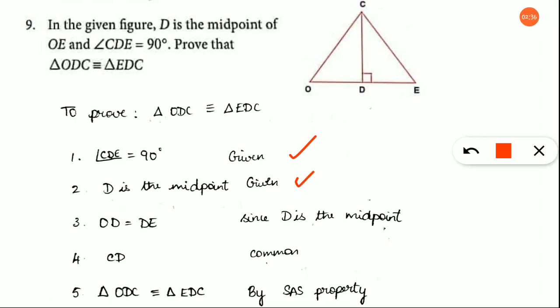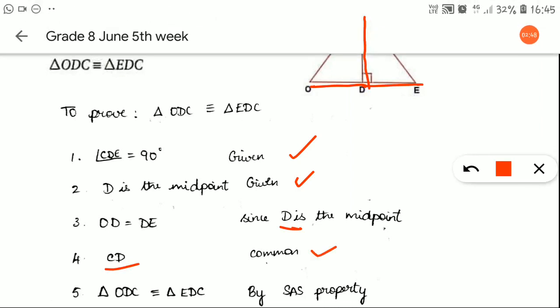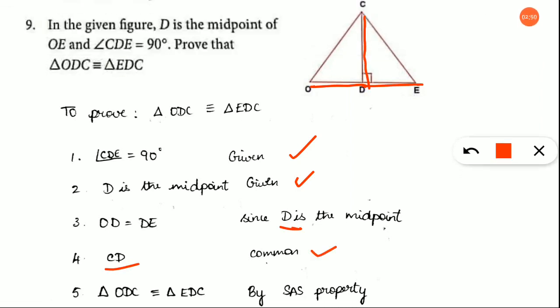It is also given. And then we are going to consider this OD is equal to DE, because D is the midpoint. And then CD, this line, it is common. Then triangle ODC is congruent to triangle EDC by SAS property. Clear children? This sum is easy, right?